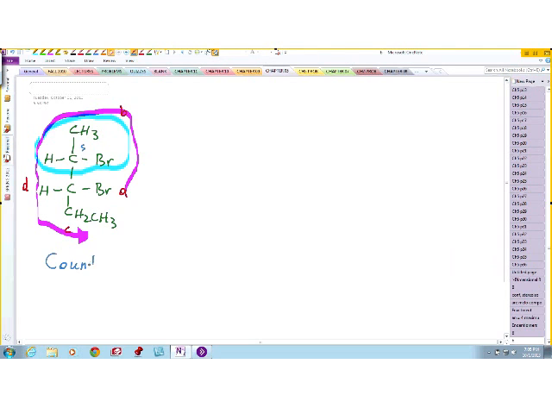The motion is counterclockwise, which is supposed to be S. Do we need to make a switch? Yes, because the group of lowest priority, hydrogen, is coming towards you. Okay, very good. I think you guys got the idea. So this should be R. So therefore this is R.